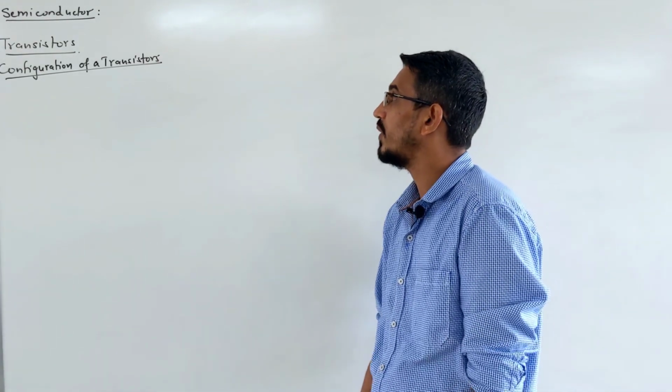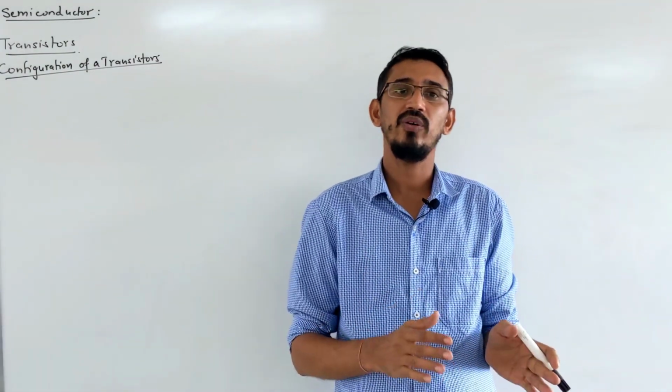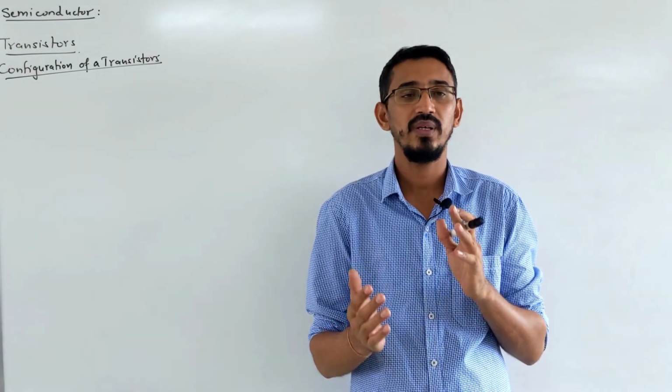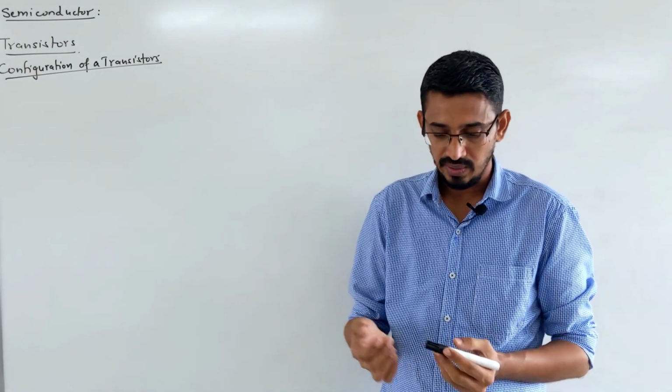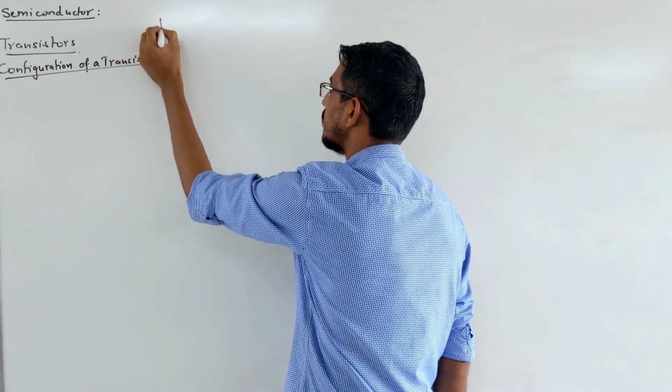Now we are talking about the configuration of a transistor. We have either NPN or PNP, but one terminal is always common: either common base, common collector, or common emitter. That's called configuration. Generally we have three configurations, and you should know them.